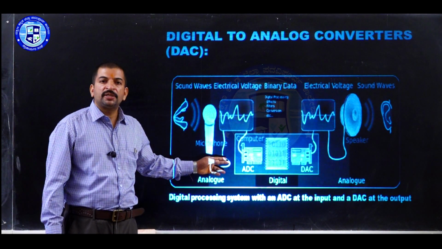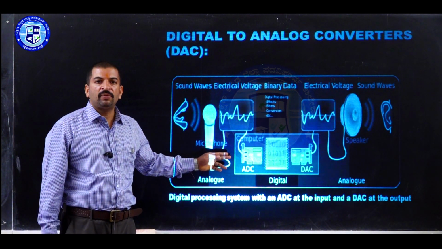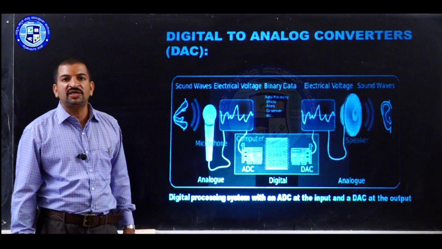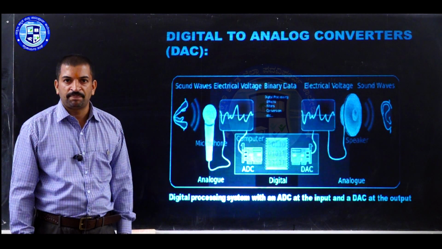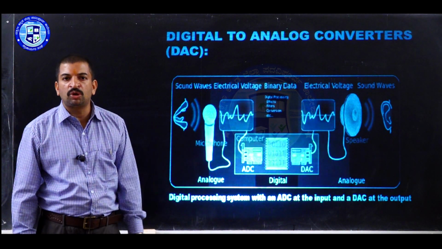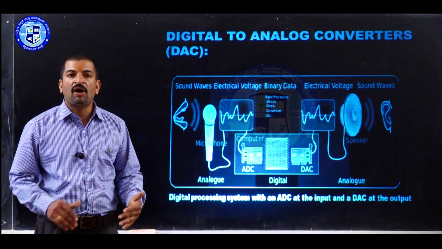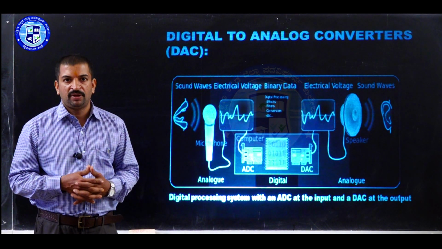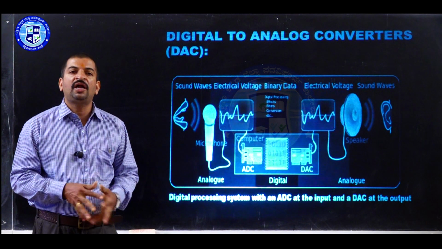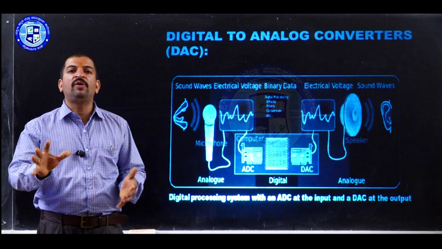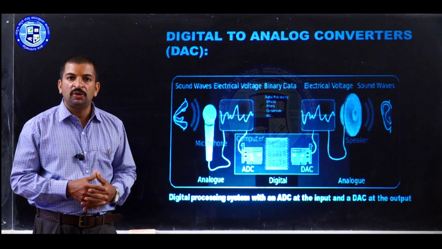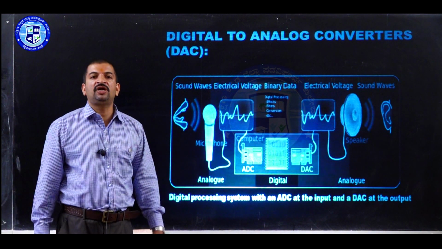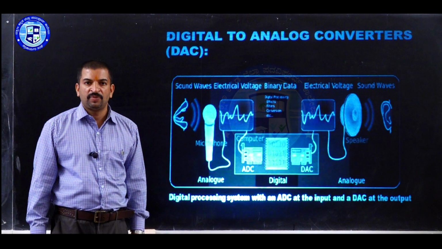Now, since the sound wave is converted into an electrical signal, which is called the audio signal, the audio signal is analog in nature. Straight away, if we try to store the signal, a large area is required to store this audio signal. Therefore, we convert this analog audio information into the digital signal with the help of the analog to digital converter.